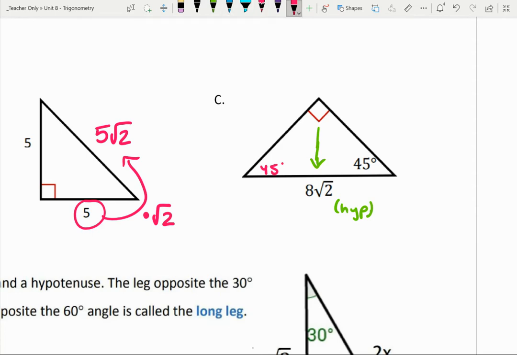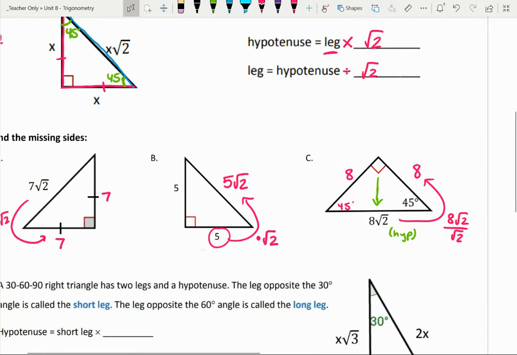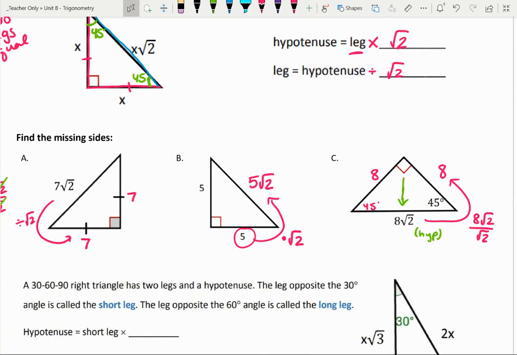If we're given the hypotenuse and we want to find the length of the legs, remember we take that hypotenuse and divide by the square root of 2. So we actually get legs of length 8 here. So 45, 45, 90-degree triangles, isosceles right triangles, are nice to work with.